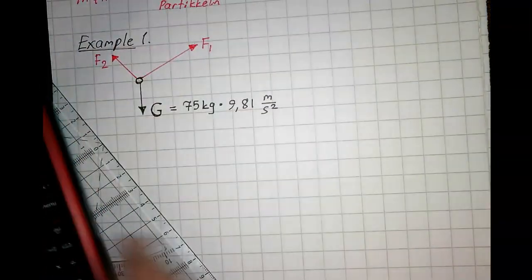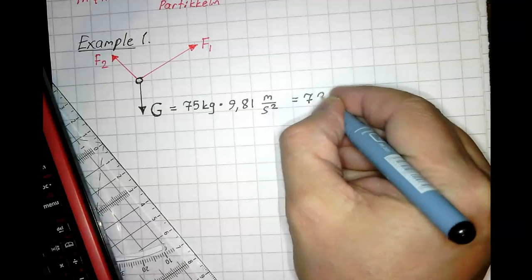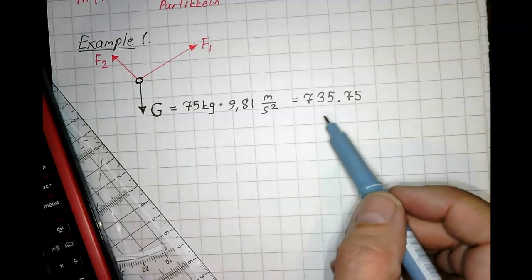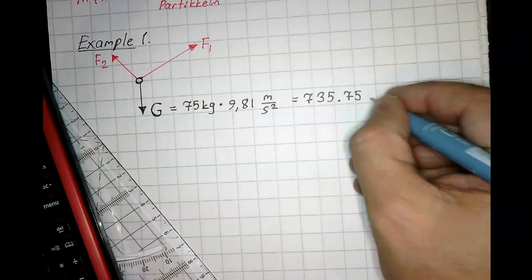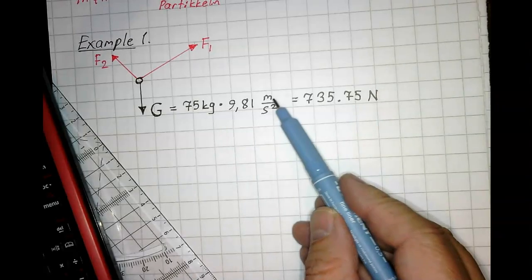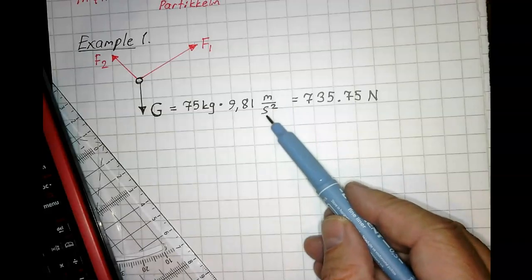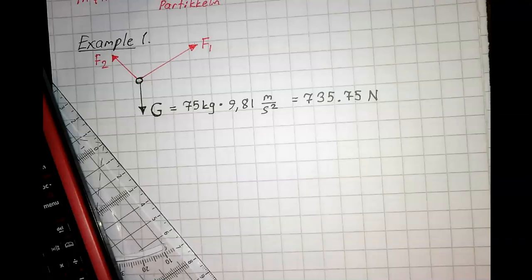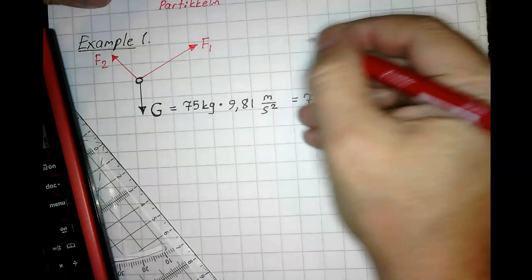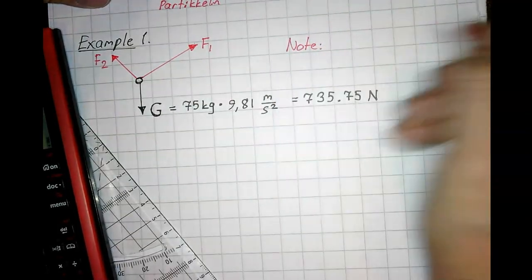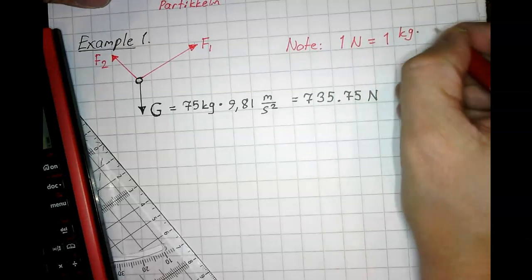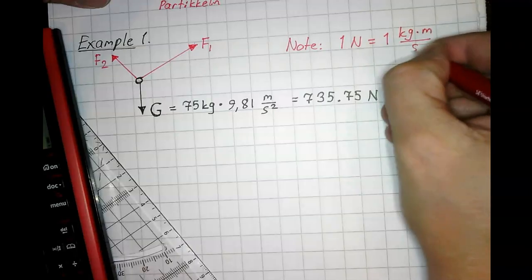This is 735.75, and the unit of this weight is Newton, because kilograms multiplied with meters divided by second squared is always Newton. I will write it here: 1 Newton equals 1 kilogram multiplied by meters divided by second squared.